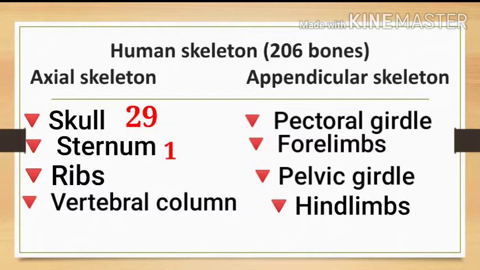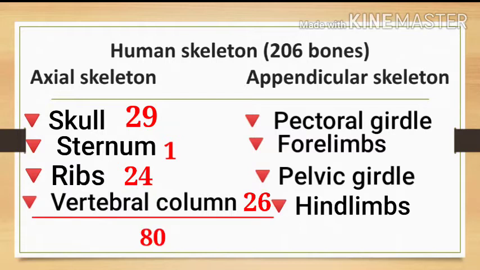Ribs, 12 pairs are there, so in total 24 in number. Vertebral column, 26 in number. So all together, the number of bones in axial skeleton is 80.